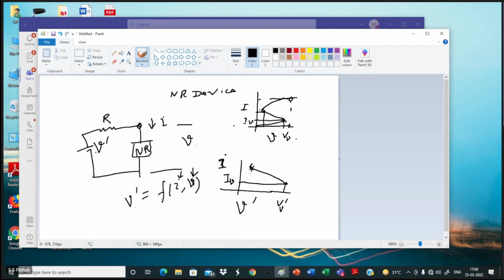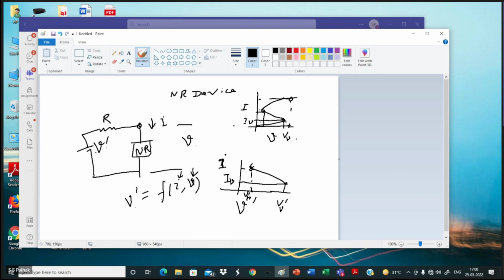Then you have to find this voltage also. So this means your V prime will be VP prime. So this is my VP prime. When I apply here, I should get my V prime, VP here. This is my VP.